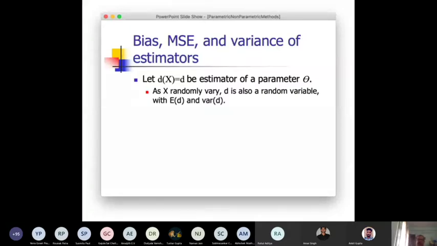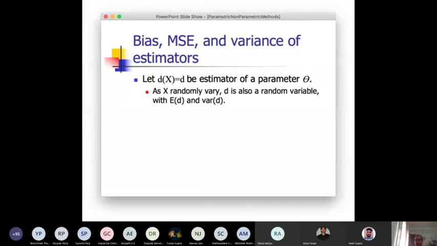They won't be exactly the same. So it randomly varies, and it has a certain probability distribution, which means it has its expectation and its variance.